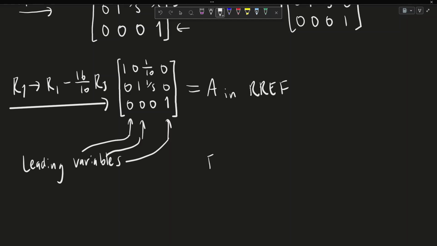The free variables are the columns that do not have a pivot. When you solve, you write the leading variables in terms of the free variables, whereas the free variables can take on any value. This is in the case that infinitely many solutions are present when you have a matrix equation.